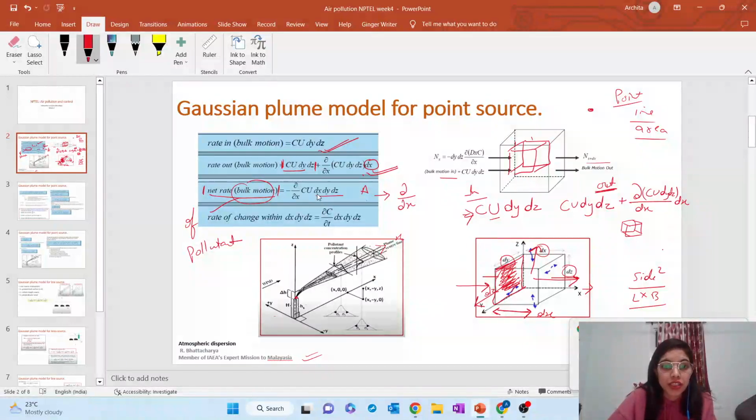So for x direction, dy dz would be the area on the yz plane, which is this plane, and you take cu and then dx. And what sir has done is, sir has multiplied this and written change in concentration u, and sir has written it as volume.